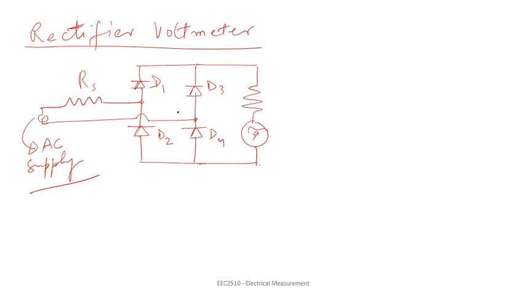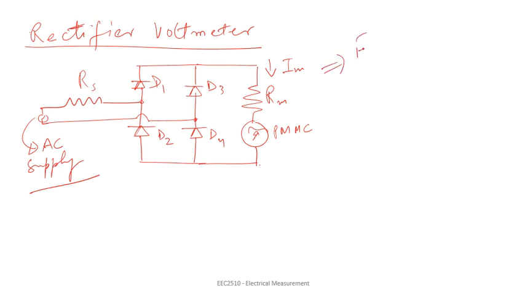So these four diodes are making a full wave rectifier. This is the PMMC instrument which is connected in the circuit. This is its meter resistance. This is the current which will flow.